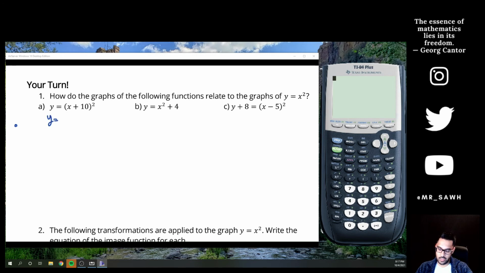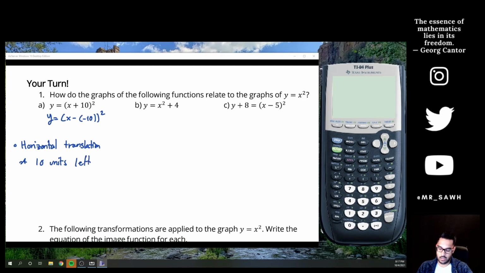If I rewrite the equation, it's really like saying x minus negative 10, squared. So the number in there is negative 10, and since it's attached to x, I know I'm going left. So you've got a horizontal translation of 10 units left. That's what the negative tells you.